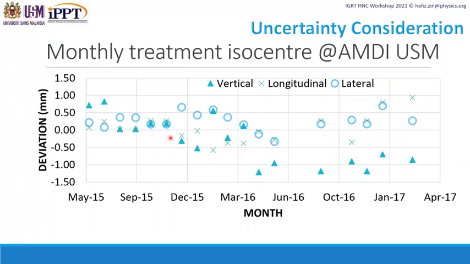This test is mainly done using the electronic portal imaging device. And we can see that there are times when it exceeded the 1 mm value, but it is not consistent. Sometimes it happens randomly and will improve in the next evaluation.